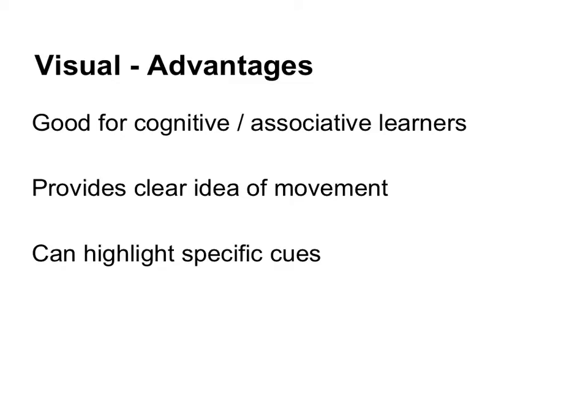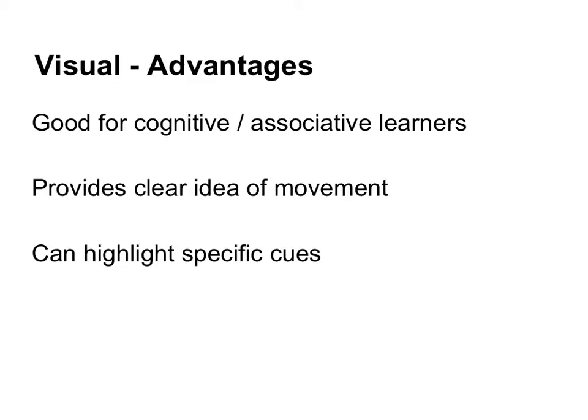So advantages of using visual guidance: this is good for the cognitive learner and also that associative learner who's just developed from the cognitive stage. So the visual aid here will really help those beginners in their search for trying to find out how to do the skill.